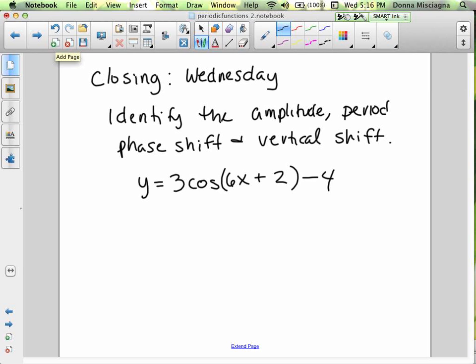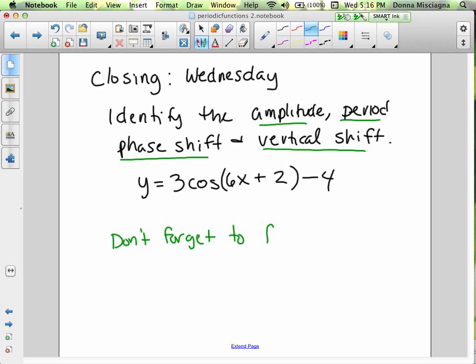There we go. So you're going to tell me what's the amplitude, what's the period, what's the phase shift, and what's the vertical shift. And I'll give you a hint. Don't forget to factor out b. That's my hint.